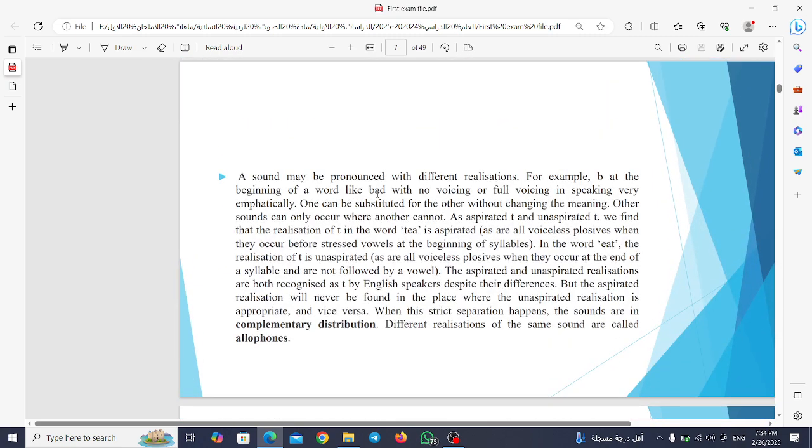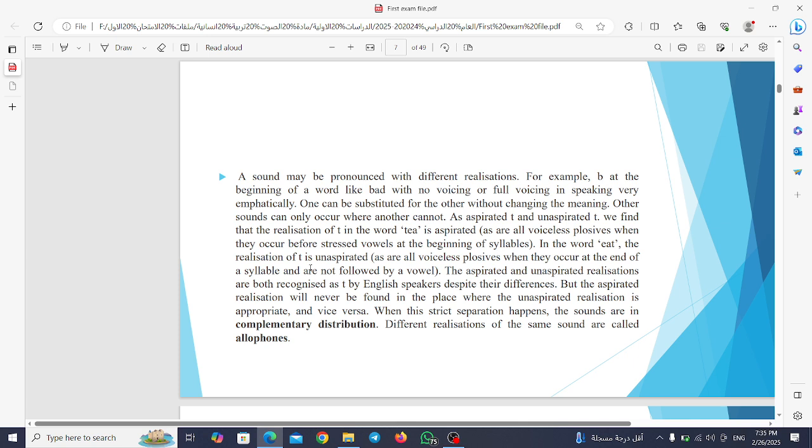Now, a sound may be pronounced with different realizations, as we said earlier. We have phonemes, and every phoneme might have different realizations. For example, we have the letter T, which comes aspirated and unaspirated. When we say tea, the T coming at the start of the word is aspirated.